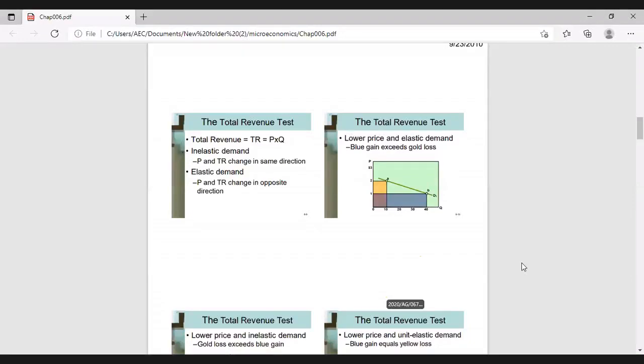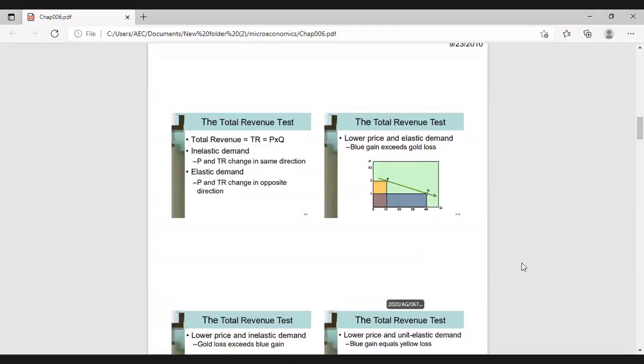Another easy way to estimate elasticity, to know whether the demand for a particular product is elastic or inelastic, is the total revenue test.